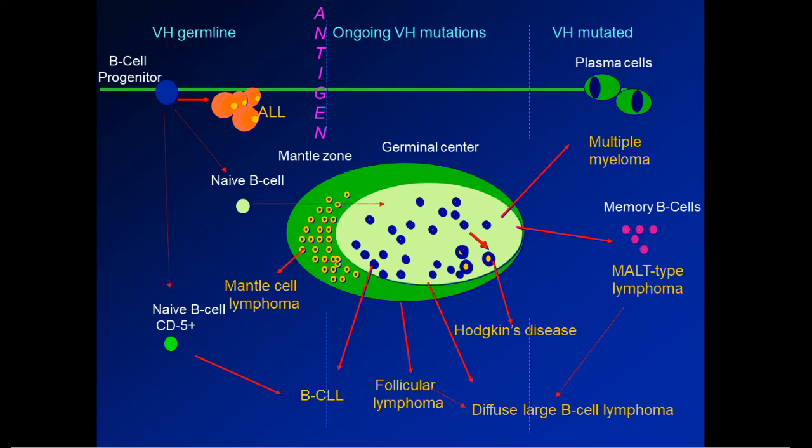If this tumor is focal, we name it lymphoma. If this tumor is generalized, we name it leukemia. One example we have already discussed: multiple myeloma. Multiple myeloma is the generalized version of focal plasmacytoma. And the next example is chronic lymphoid leukemia.